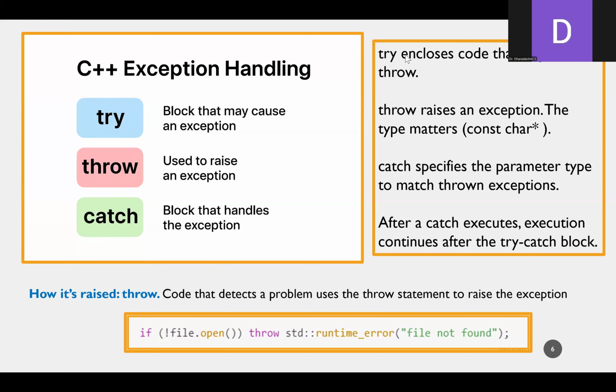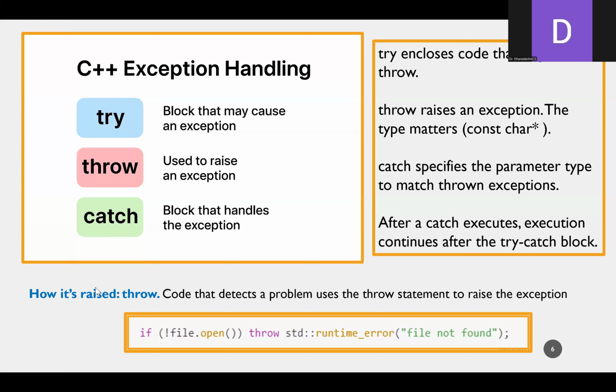So that's why it is given here: try encloses code that might throw, and throw raises an exception. For the example below, we are going to use const char star. Next, catch specifies the parameter type to match thrown exceptions, and after the catch executes, execution continues after the try catch block.